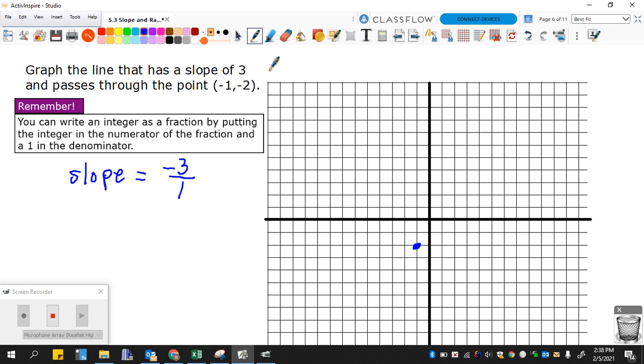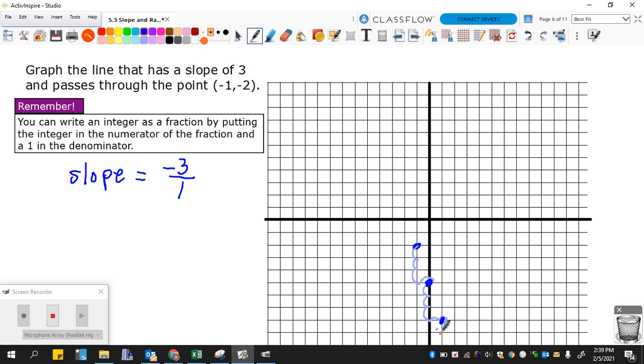Okay, so what that does is we can go 1, 2, 3, and over 1. Draw a dot. Go 1, 2, 3, and over 1. Draw another dot. Okay, so now we have, in this case, I drew 3 dots. A lot of times I'll say draw 3 dots. That way you can make sure that you didn't just make a careless error.